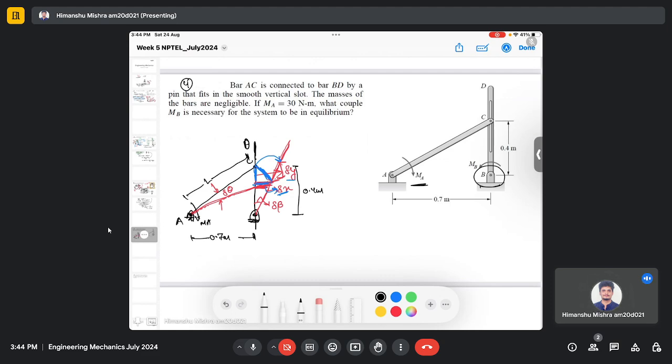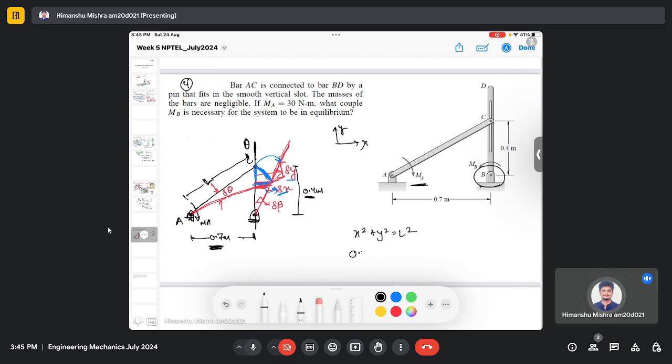Let me make the coordinates. So this is my x and this is my y. This can be evaluated by the Pythagoras theorem. So x here is 0.7 and y here is 0.4. So we can easily find this L, which is given as x square plus y square equals L square.